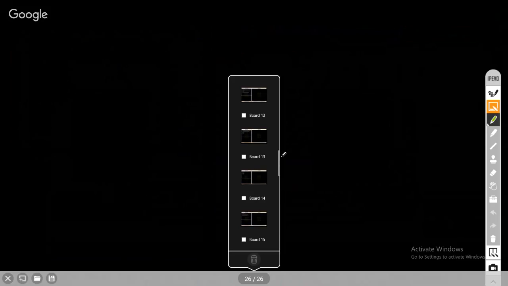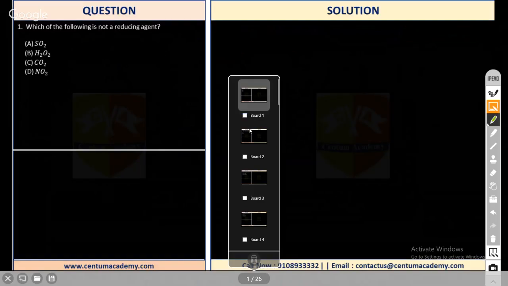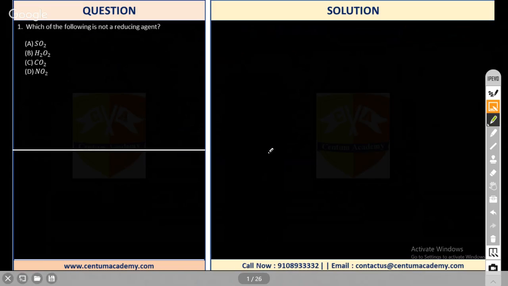So today we are going to discuss the questions of redox reaction. Okay, so here is the first question of redox reaction. Which of the following is not a reducing agent?